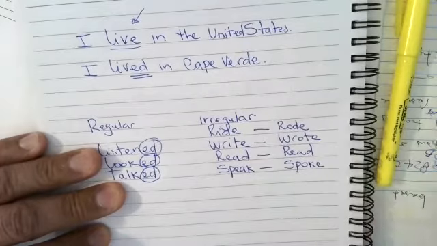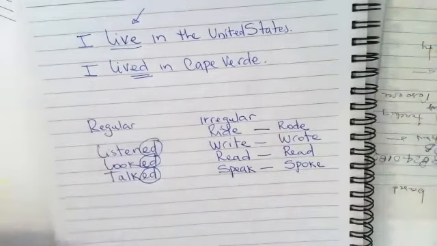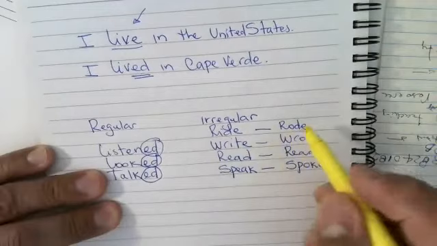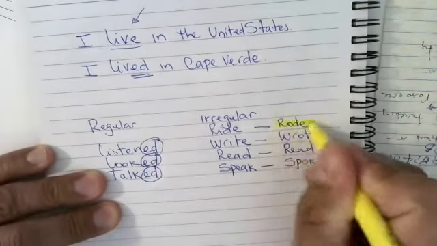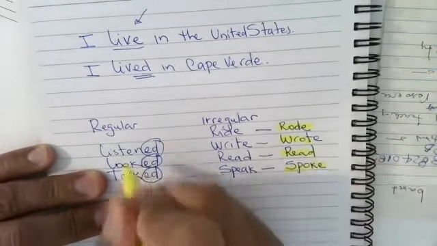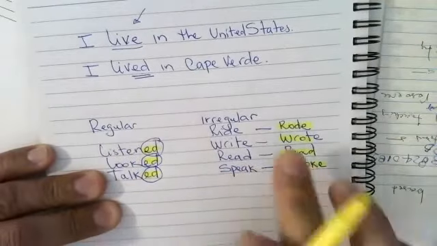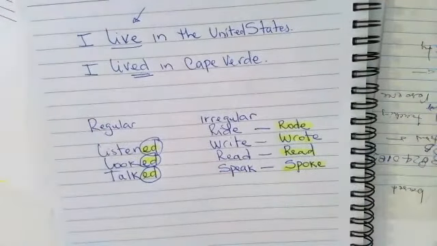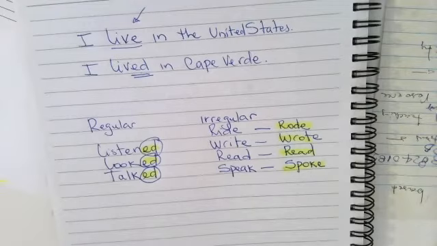Okay? So these verbs here on this side, when they go to the past, we don't add ed. Okay? They change. But the question is, when do you know that the verb is regular or irregular? So this is something that I cannot teach you.